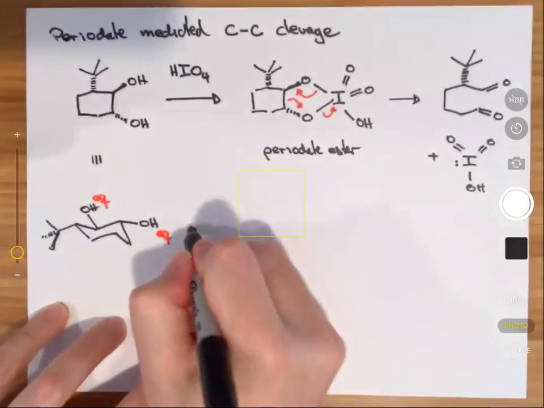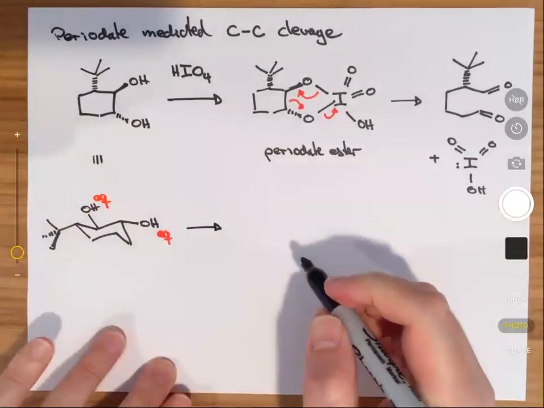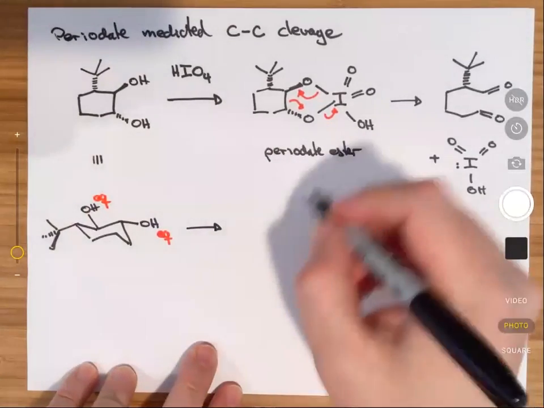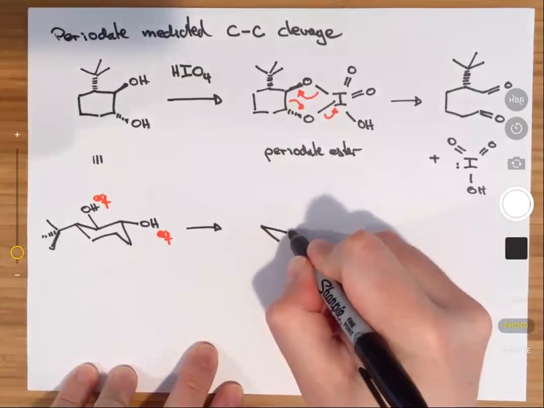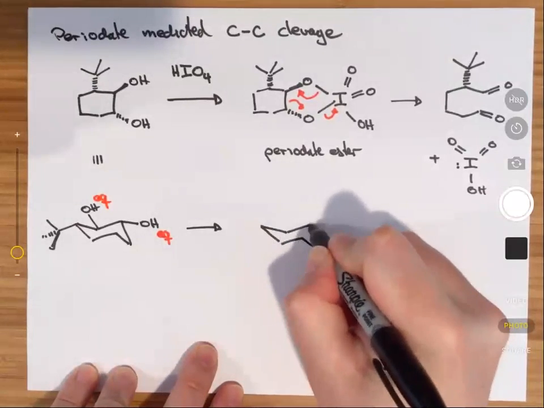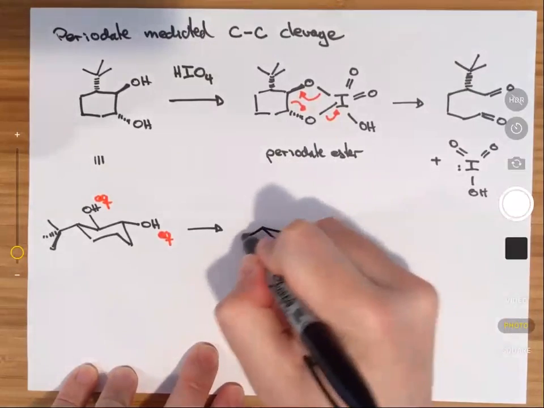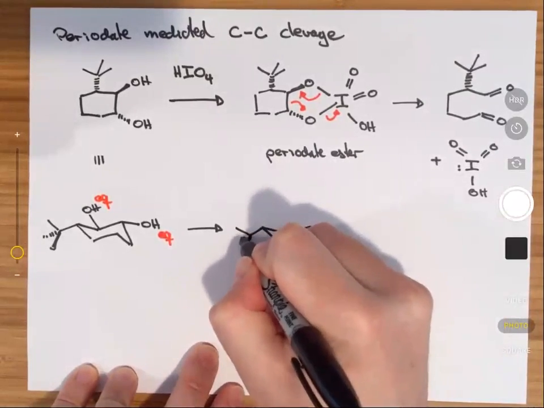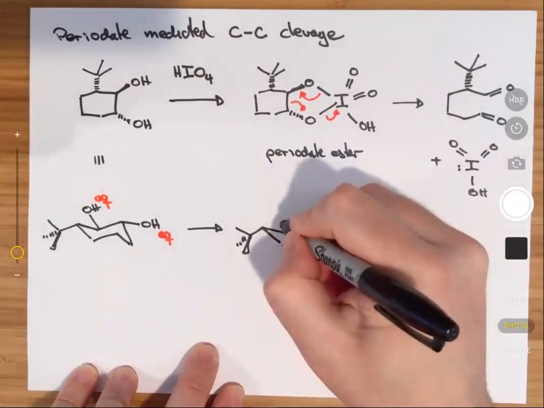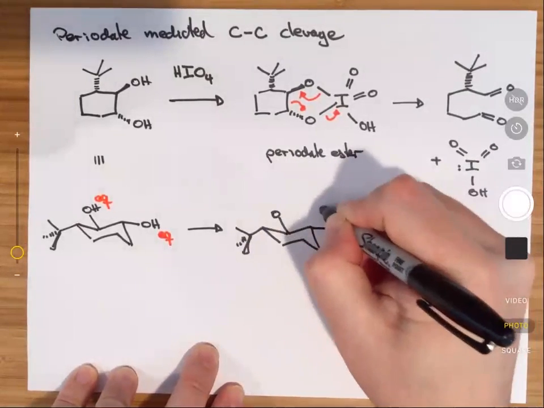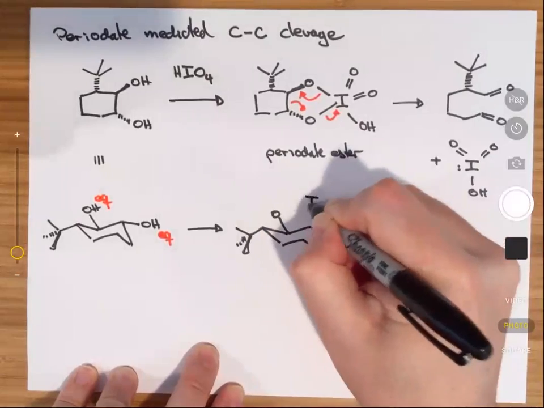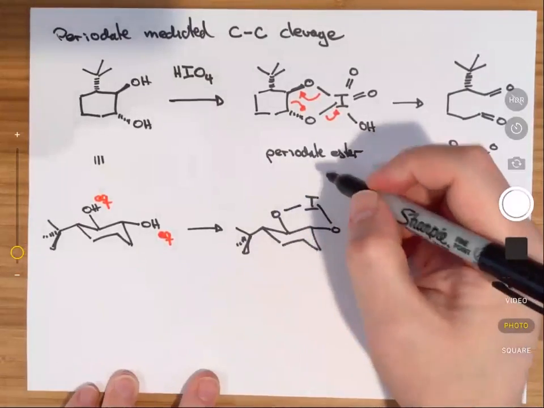And this allows you to actually form this periodate ester if you have this conformation. So let's draw this again. O, O, and then you have the iodine over here.